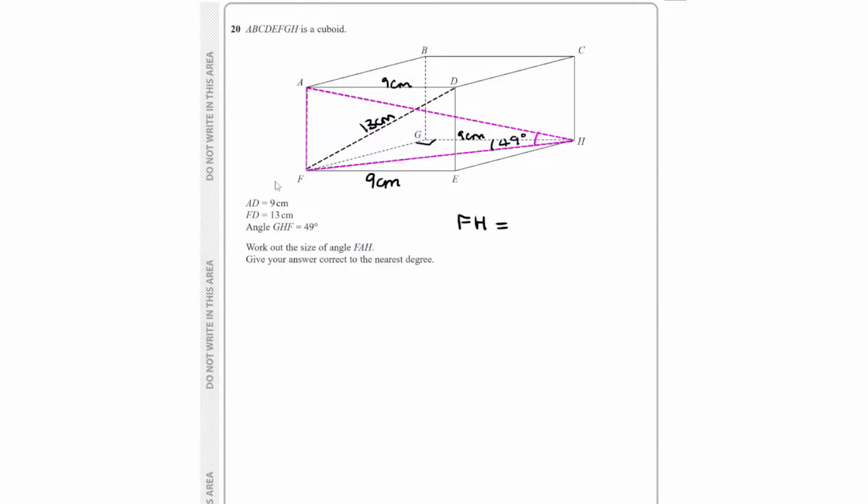So what have I got that's relevant? We've got the adjacent, the 9 is the adjacent, and I want to know the hypotenuse. So that is cos, isn't it? So get my triangle. I'm looking for the hypotenuse, so cross that out. So do you see how I would have to do 9 over cos 49?